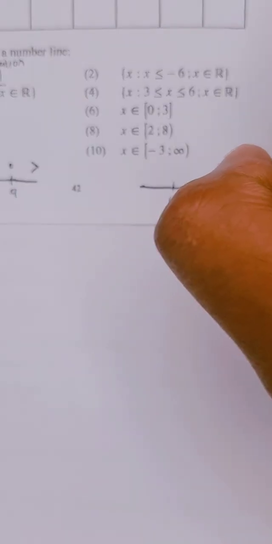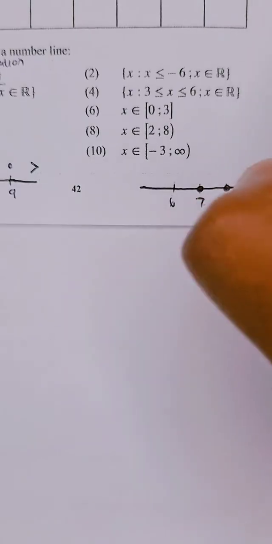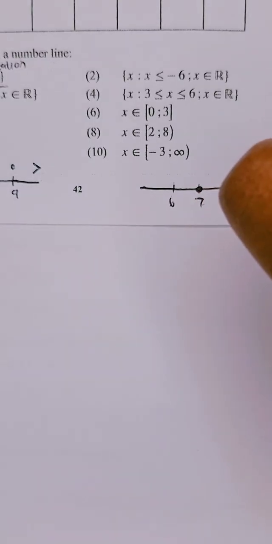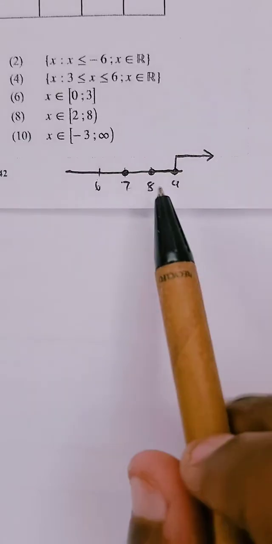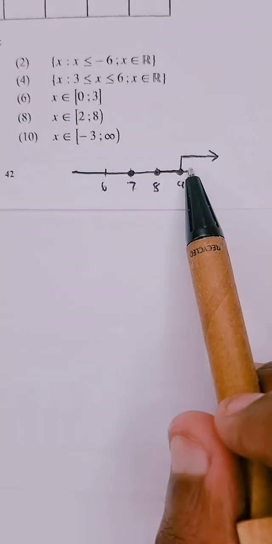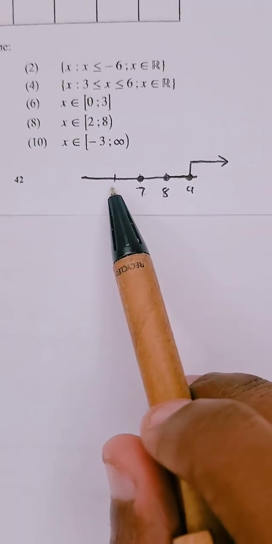We just say 6, 7, we dot 7 and 8. Then we could dot 9, and then we draw a vertical line above the 9 and an arrow to indicate this pattern of integer values greater than 6.